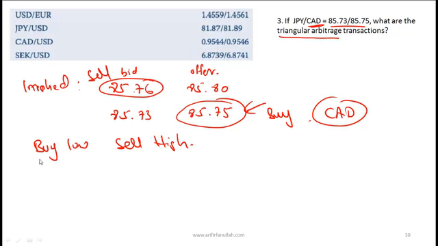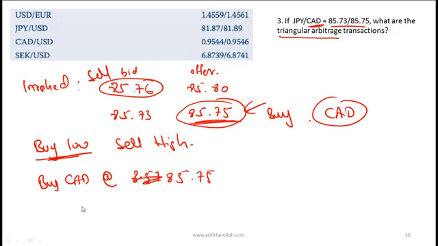So the buy low would involve buying, so you would buy Canadian dollars at 85.75 yen, and over here you would sell Canadian dollars at 85.76. So for each Canadian dollar you would make an arbitrage profit of 0.01 Japanese yen. So what are the key points over here?